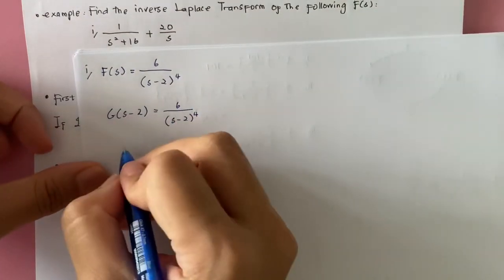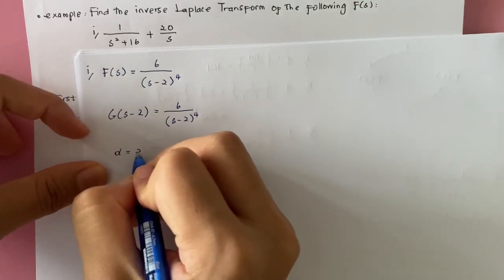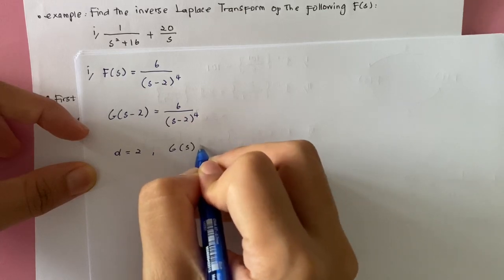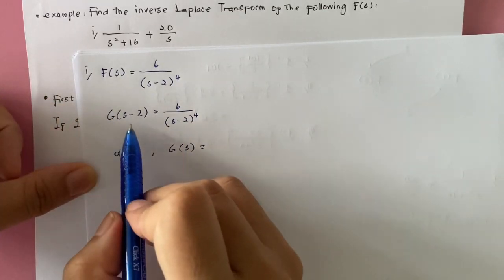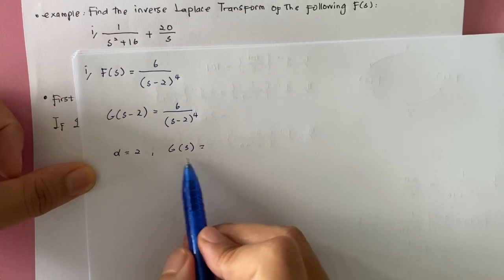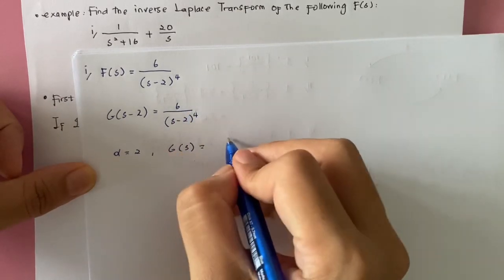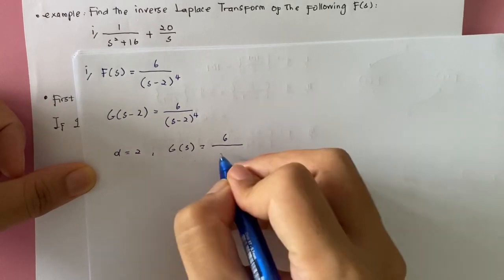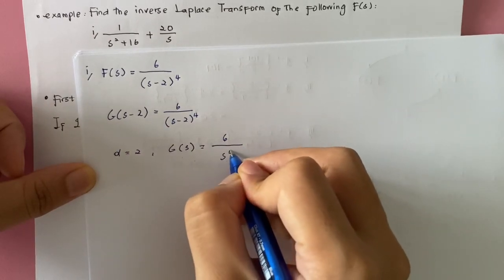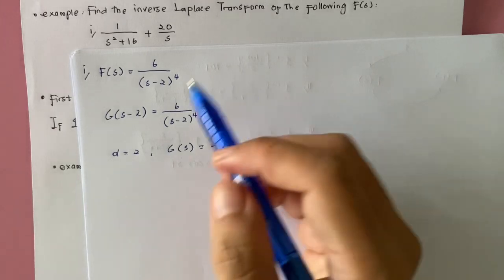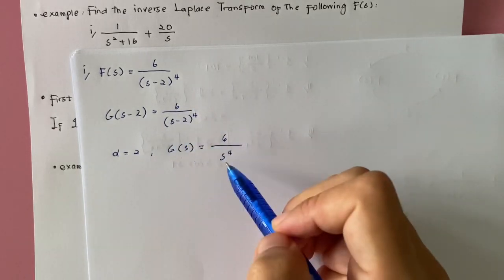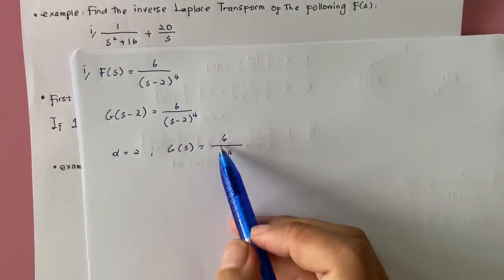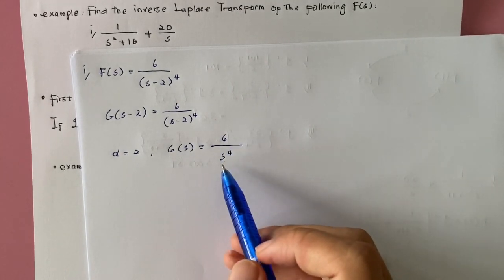Then what is your G(s)? Substitute s minus 2 with s, so your alpha is equal to 2 and your G(s) is equal to 6 over s to the power of 4.